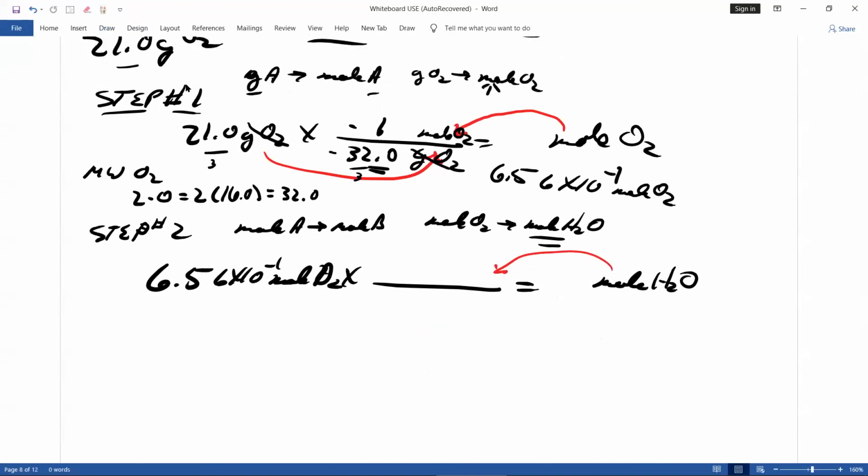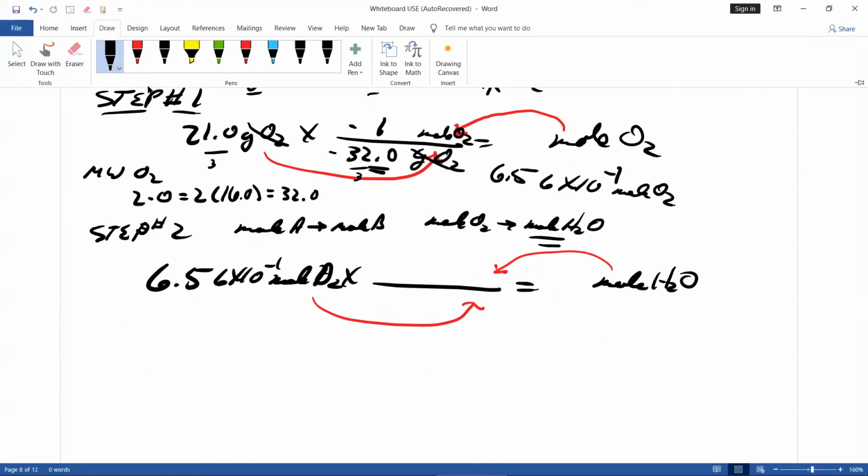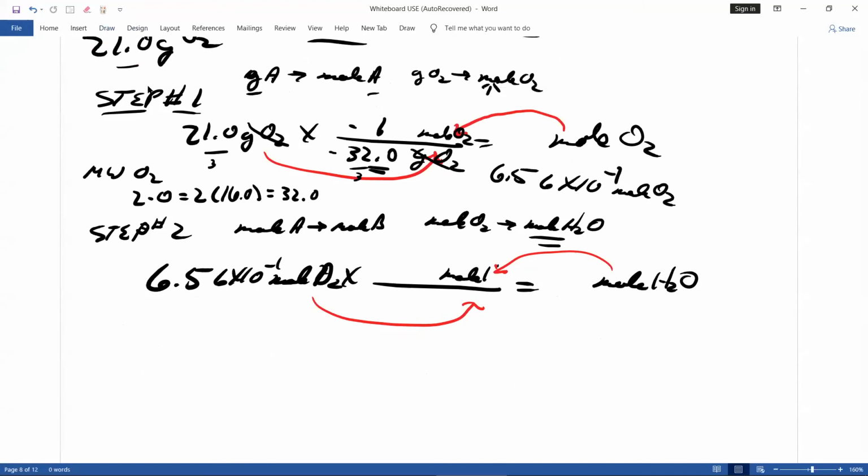Whatever I'm trying to get to goes on top. Whatever I'm trying to get rid of goes underneath. And where do I get a ratio of moles of oxygen to moles of water?